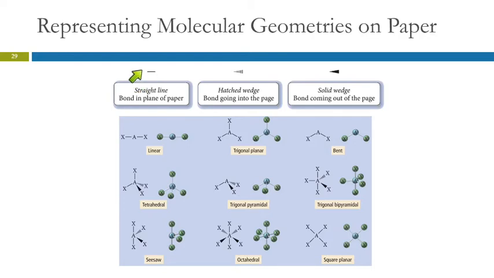If there's just a single straight line, that implies that the bond is in the plane of the paper or the screen. If you have a hatched or dashed wedge, that's behind the screen or behind the paper. It's a dashed line because you can't actually see it, right? It's behind the paper. And a solid wedge is coming out to get you, right? It's coming out in front.